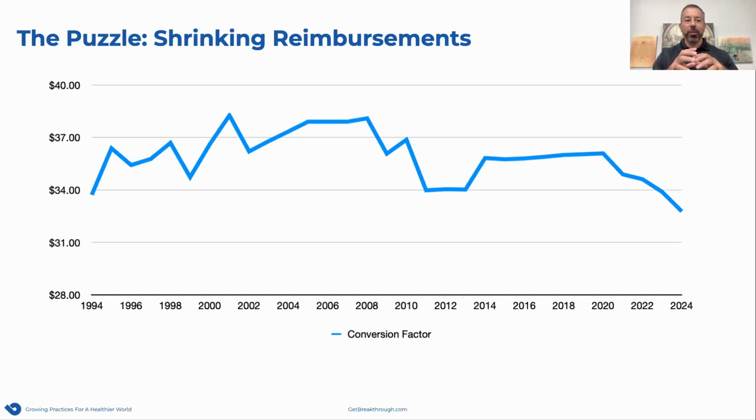So I went through, just in Excel, pretty simple, pulled cms.gov, looking at the conversion factor from the physician fee schedule, which I'm a private practice PT. So our reimbursements for those of us participating with Medicare is determined by the physician fee schedule and the conversion factor.